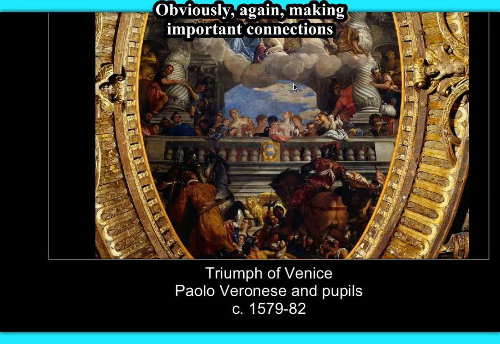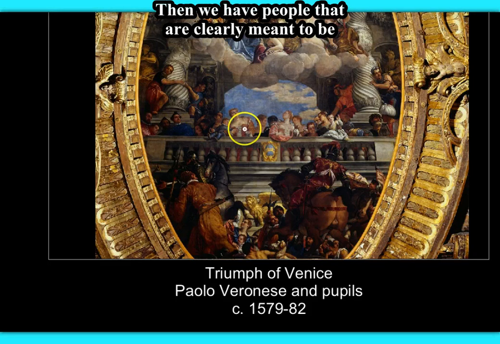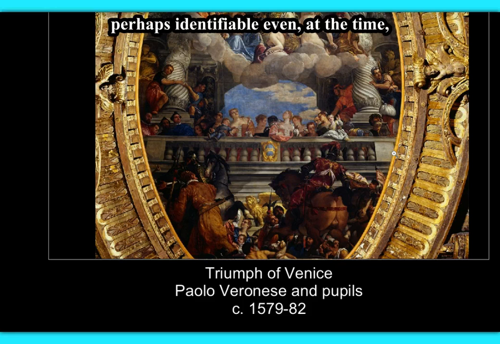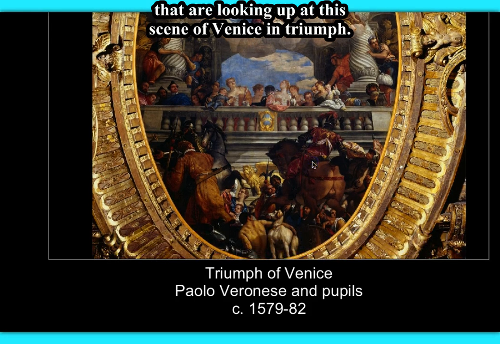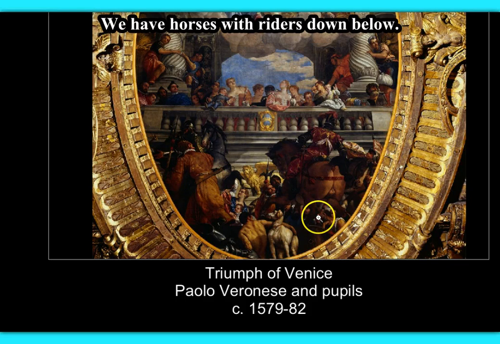Obviously, again, making important connections to the function of the government meeting in this space. Then we have people that are clearly meant to be understood as contemporaries of Venice, perhaps identifiable even at the time, that are looking up at this scene of Venice in triumph.